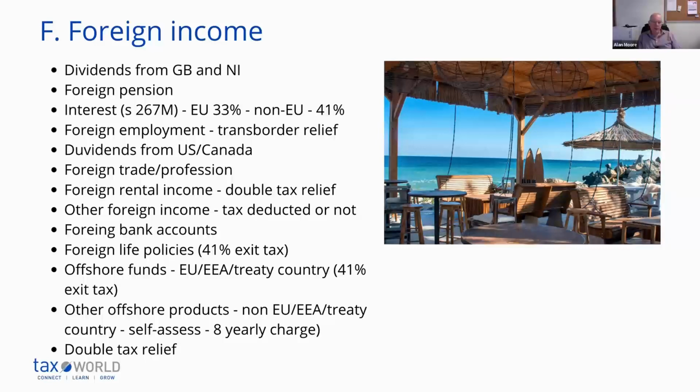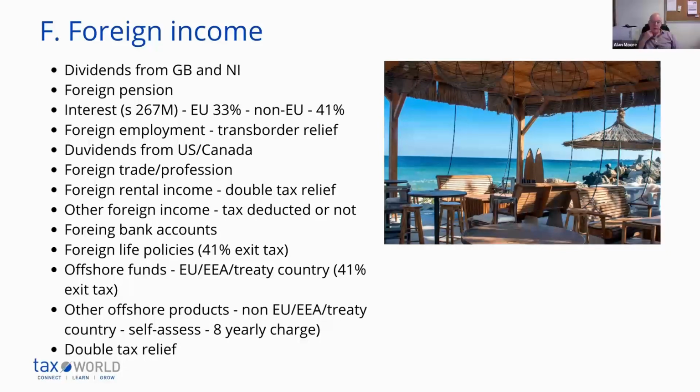Foreign employment, you can potentially get transborder relief. Now, transborder relief, the way it works is, the usual case where this might work would be somebody working in the north of Ireland and living in the Republic.